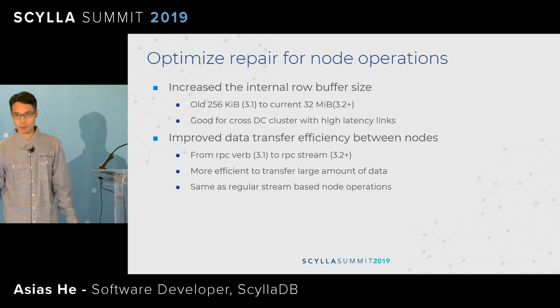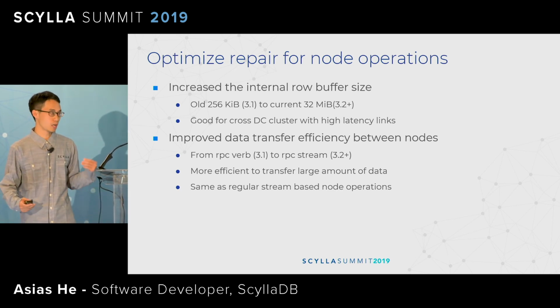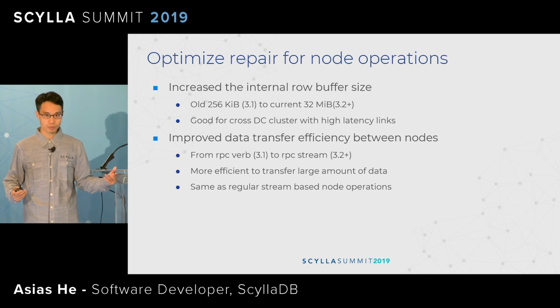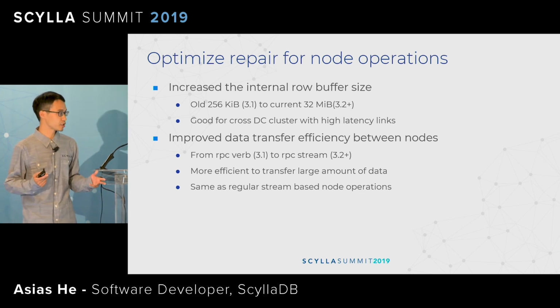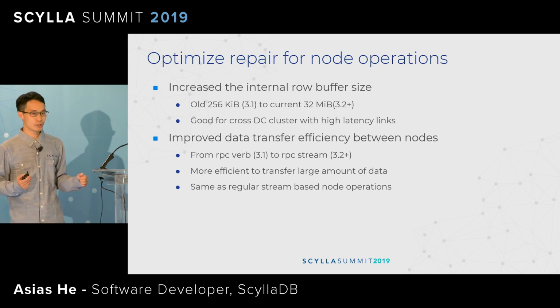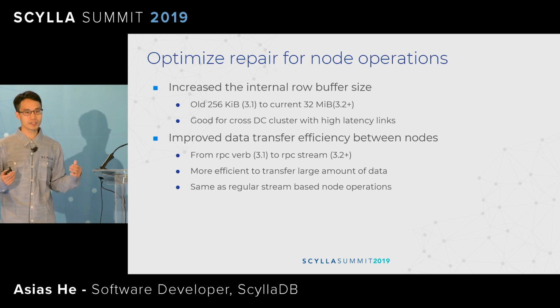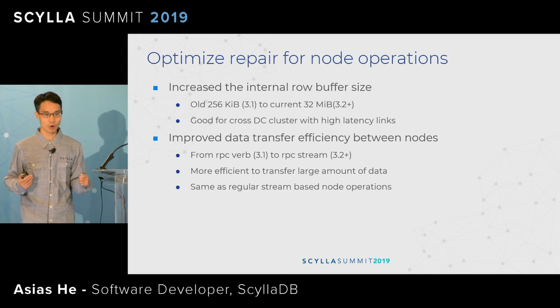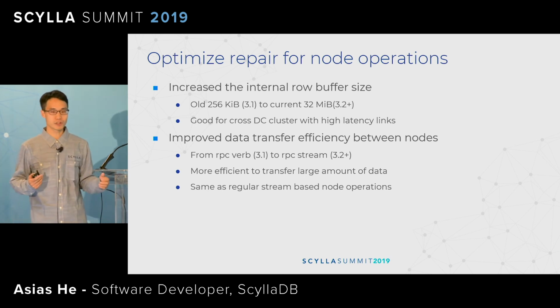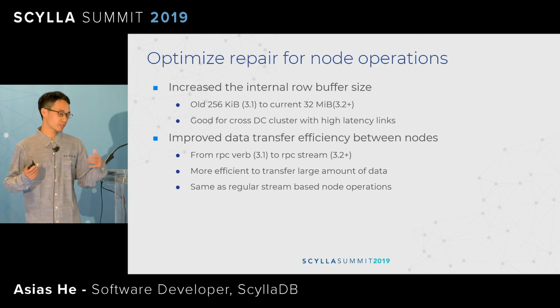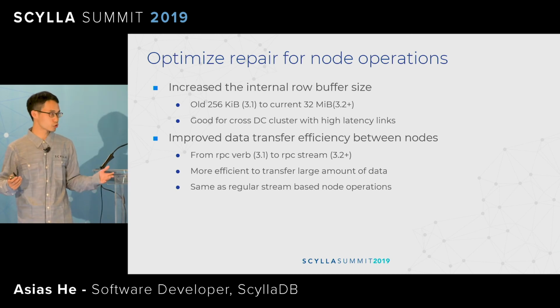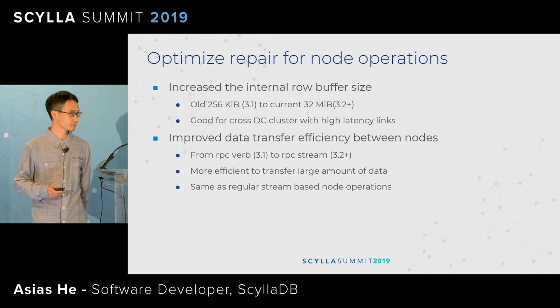In 3.1, we still use an old RPC verb-based repair to transfer the repair data. In 3.2, we use a new RPC stream interface, which is more efficient at transferring a large amount of data. It is as efficient as regular stream-based operations.